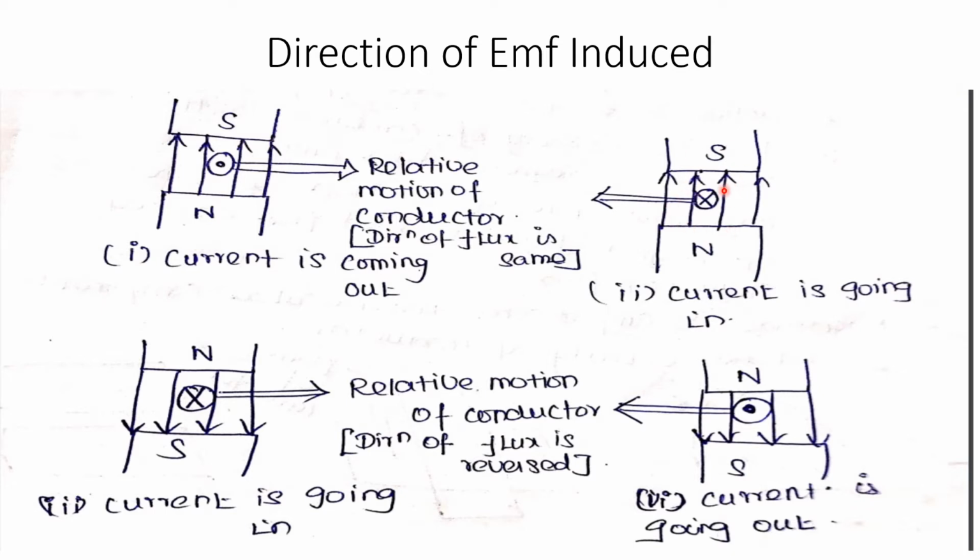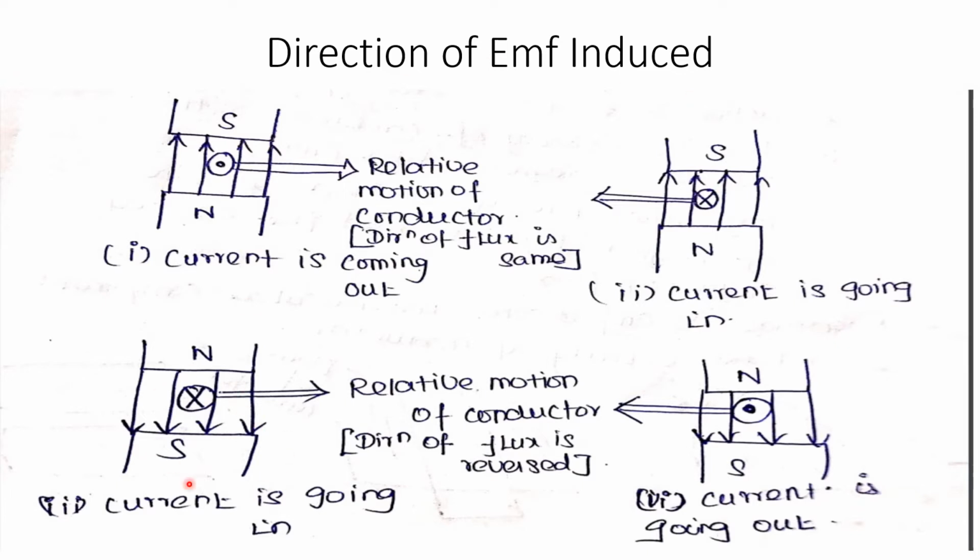If we keep our right hand with the index finger towards the flux direction and our thumb finger along the direction of the conductor, what is the middle finger direction? It is going inwards, so the current is going into the conductor. So this is the second case.